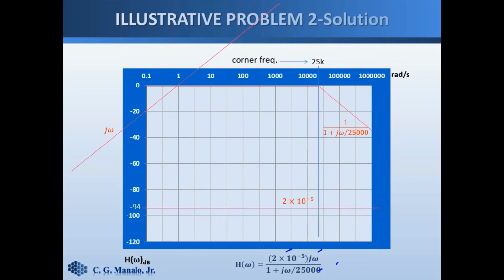So combining those plots, that should give me this straight line Bode plot. And take note that this is my corner frequency here, which really corresponds to our omega sub c.